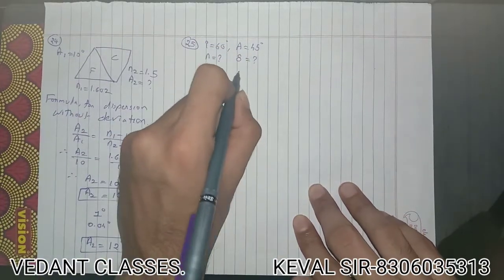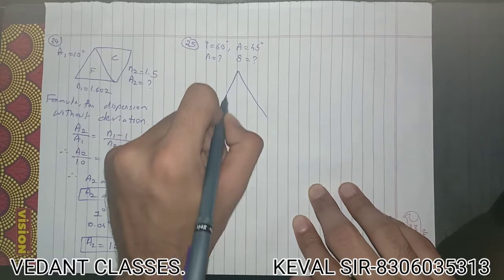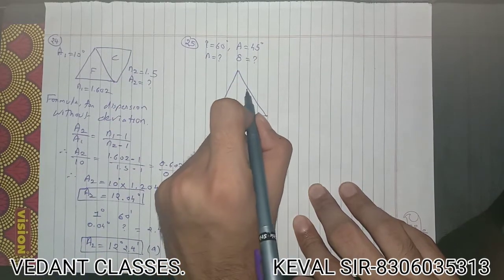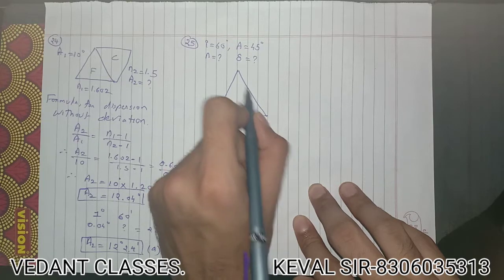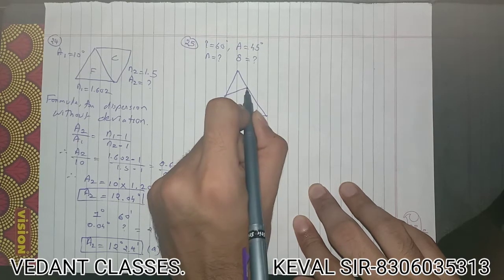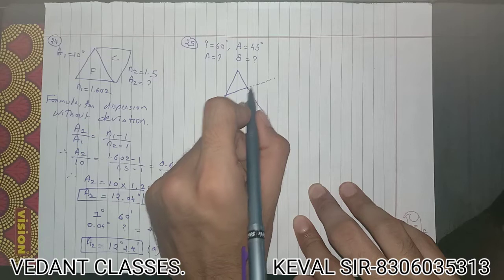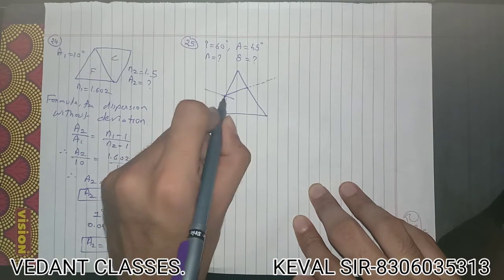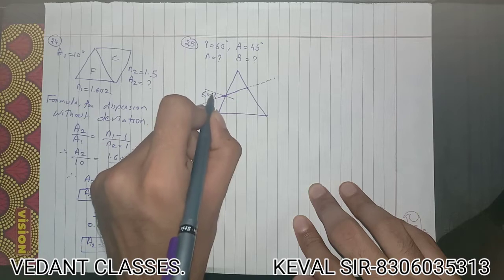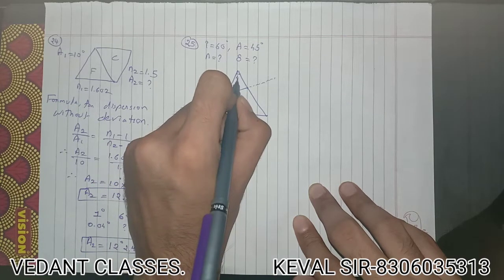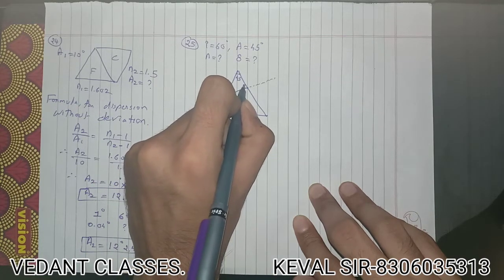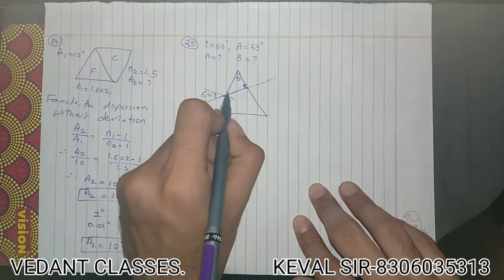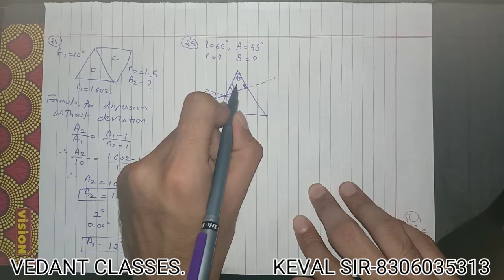Now see, in this the light is incident on the other surface at a right angle. So there is no refraction in this case, and here the angle of incidence is 60 degrees. It is given 45 degrees and this is 90 degrees. If this is 90 and this one is 45, obviously this will be 45.